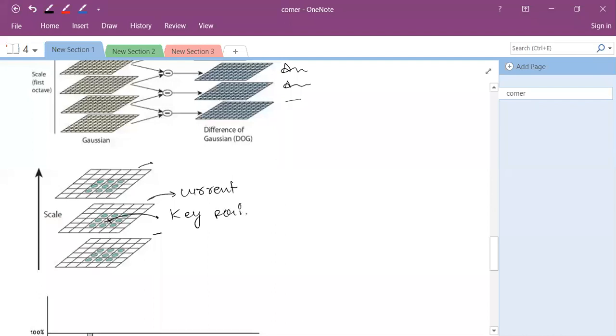Now this key point has to be compared with its neighboring points, indicated by the green circles, as well as the points in the upper scale. Here there are 9 circles. In the backward, you can say downward also, here it is 9 and here it is 8. So in total how many comparisons? 9 plus 8 plus 9. So there are 26 comparisons over there.